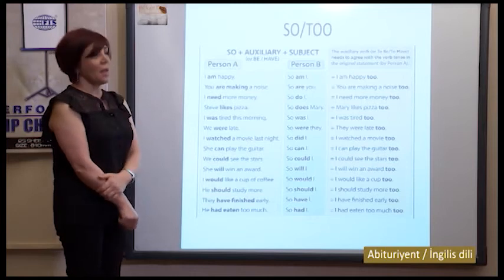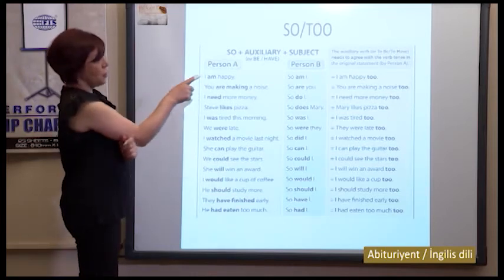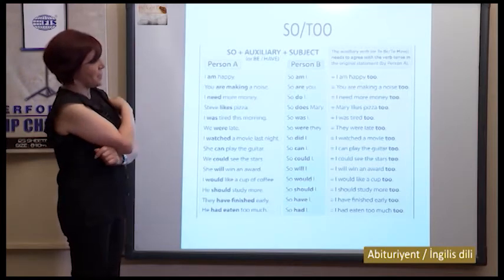Or we say "I am happy too," where "too" comes at the end, not at the beginning. And the third variant is "I am also happy," but not "I also am happy." If there is an auxiliary, "also" is used after the auxiliary. Or "me too." See, here are four variants: "so am I," "I am happy too," "me too," "I am also happy."